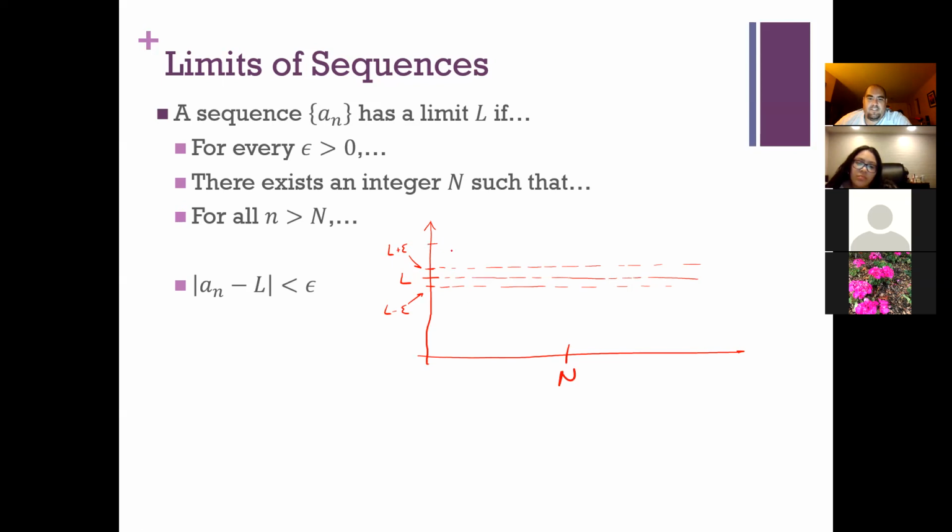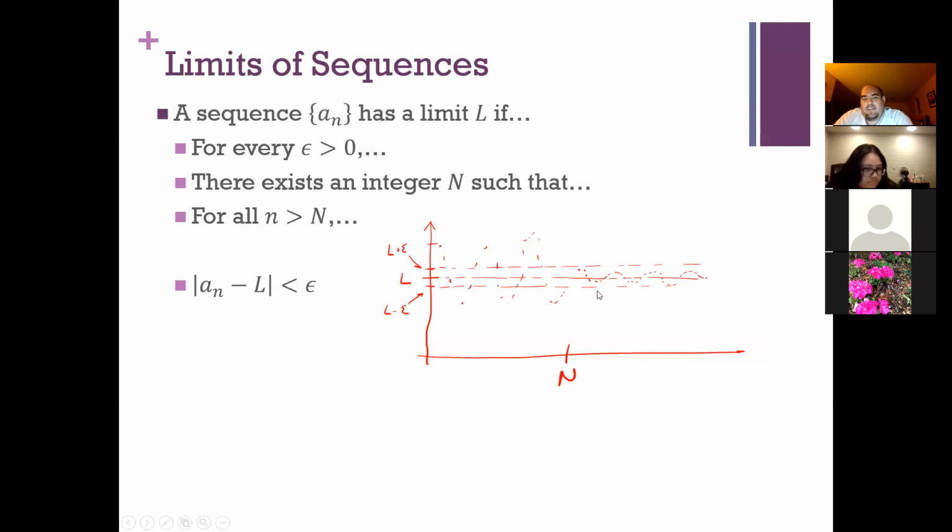I don't know what this sequence does before N. It might bounce around and do all kinds of weird things. But after this capital N, all of my terms have to be inside this little corridor. So you can make your epsilon as small as you want, but all that's going to do is make N bigger. You'll never be able to prevent this from happening.